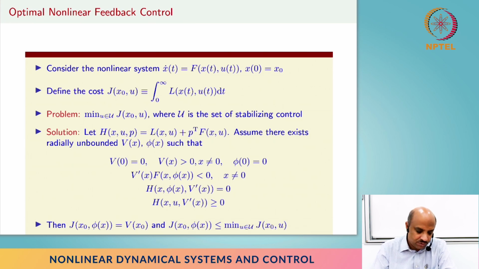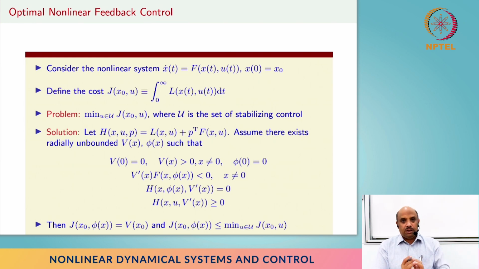Let me rephrase this. This phi of x is some feedback control. At that feedback, the value is going to be exactly equal to the Lyapunov function, which happens to be the value function that we saw in the open loop control, and this is going to be the optimal function, which is going to be less than or equal to the minimum of this thing.